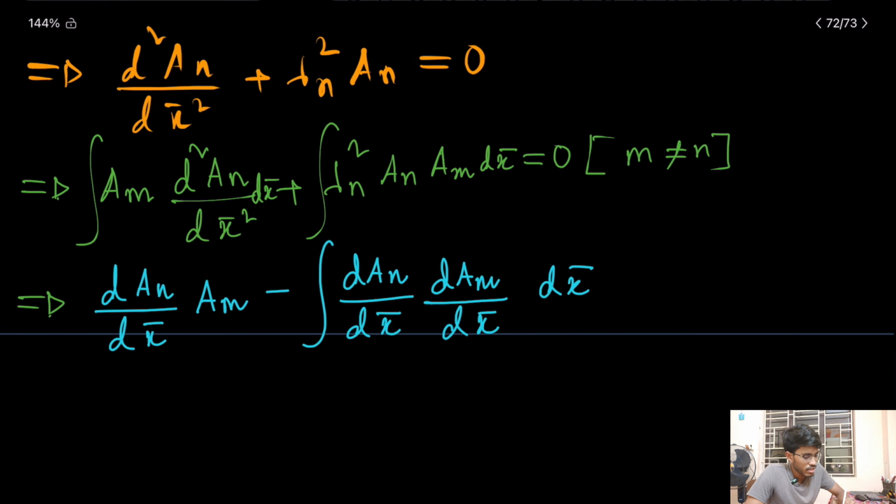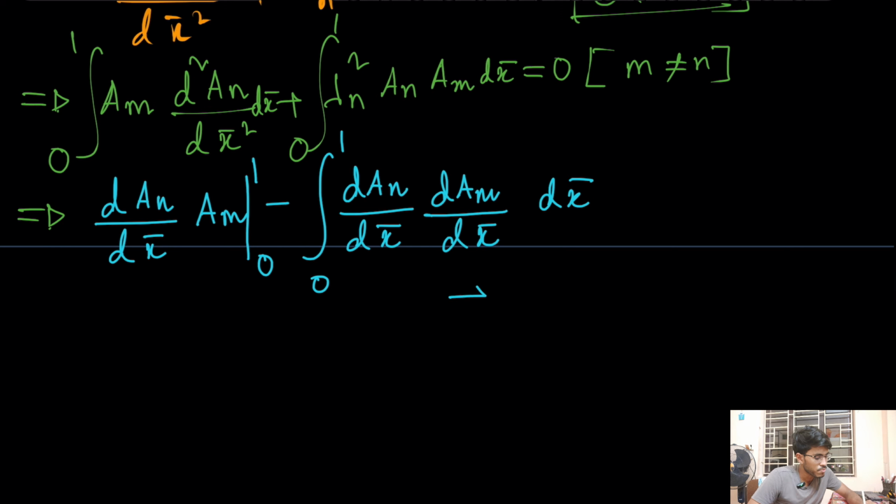We have to integrate in the domain, where x bar varies from 0 to 1, so we have to put the limits also. Here if we put the limits 0 to 1, this is equal to 0. Clear? I think I have missed another term, and that is plus lambda square n an am into dx bar equal to 0.